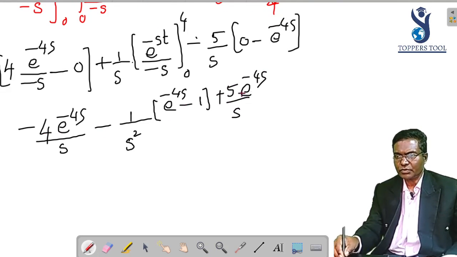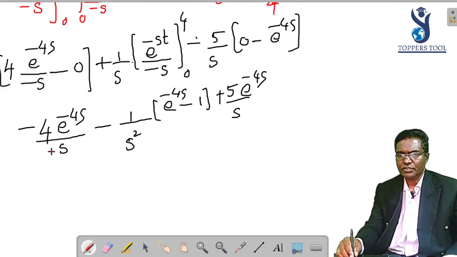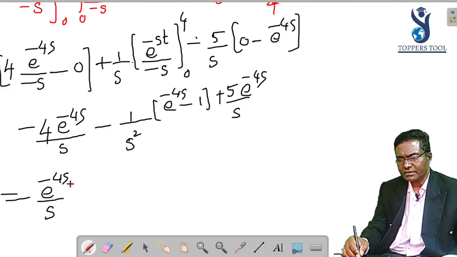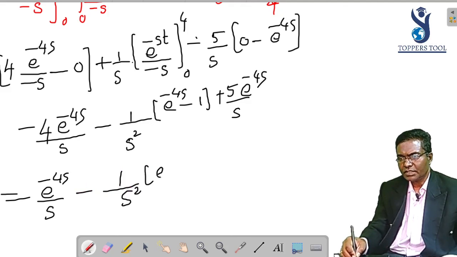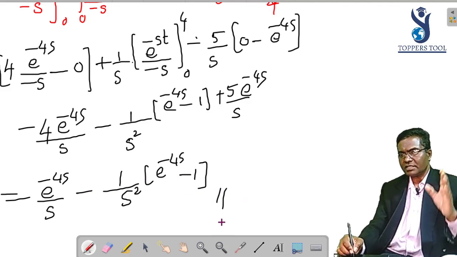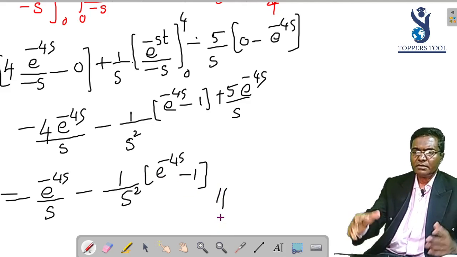Now look at these two terms, they are the same. This is 4 times and this is 5. It is minus 4 times, this is 5 times. Adding these two we will get 1. Okay, e power minus 4s by s, minus 4 plus 5 is 1, you will get minus 1 by s square into e power minus 4s minus 1. So this is how you can find the Laplace transform of a function defined in 2 or more sub intervals.